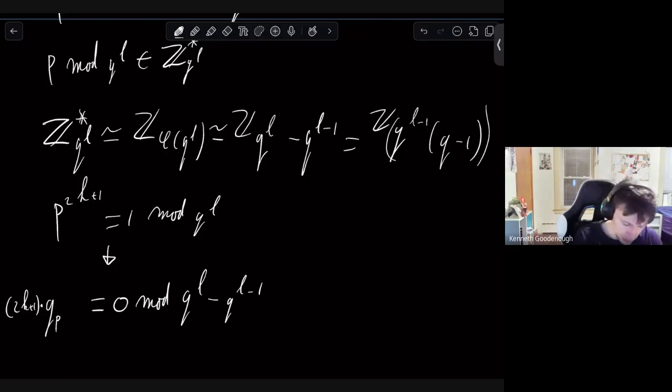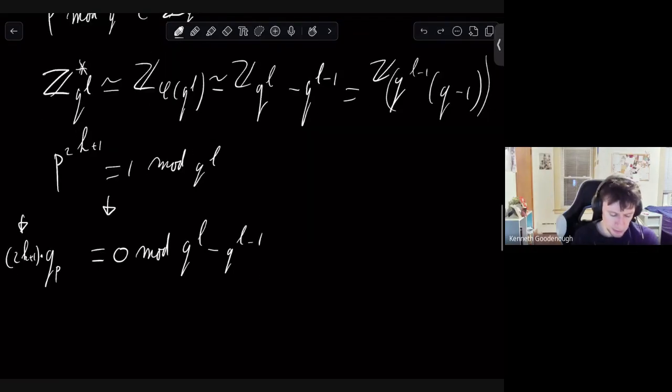Now let's see. What we see is we want 2k plus 1 to be a zero divisor modulo some n, but we know that, let's see.